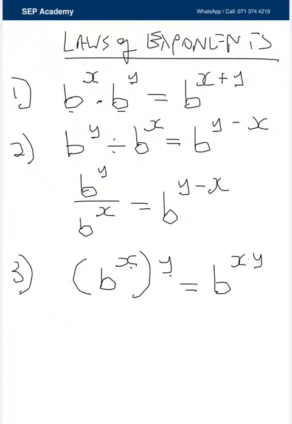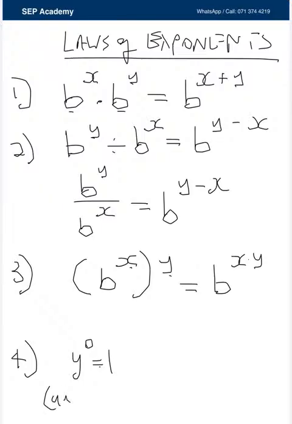So maybe something very much important that you might be interested to know is that anything raised to the power of 0 is 1. So you might have, let's say, y to the power of 0, which equals 1. That is why I ended up saying anything.